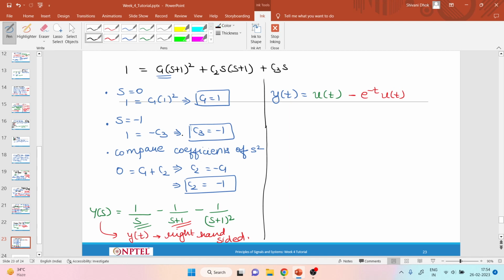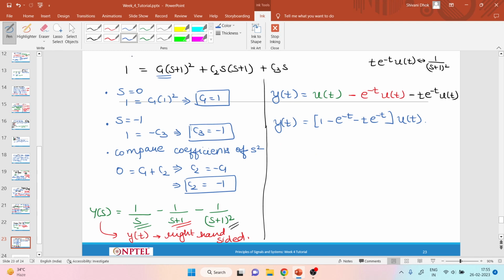And we know that t into e power minus t u of t has a Laplace transform of 1 upon (s plus 1) square. So this part will contribute minus t into e power minus t u of t. Therefore, y of t is equal to 1 minus e power minus t minus t into e power minus t, multiplied by u of t.